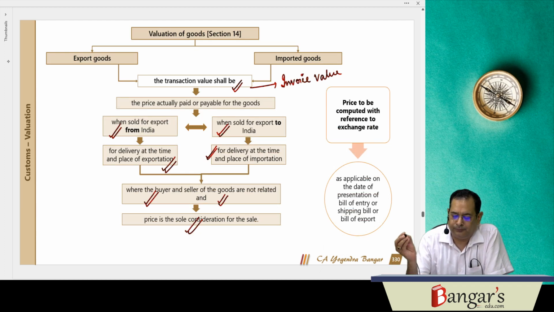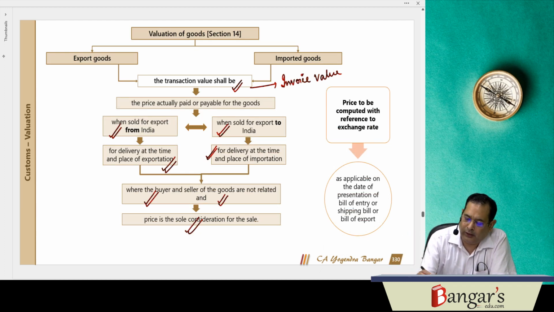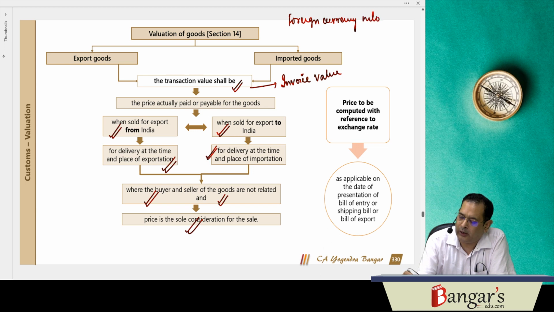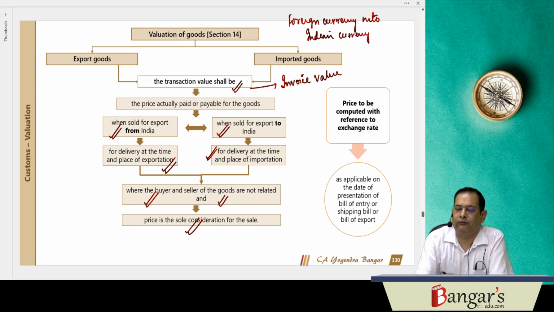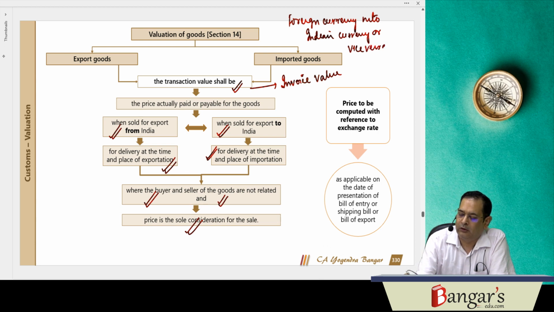And here, as you are aware, for converting foreign currency into Indian currency or vice versa, the exchange rate will be applicable.